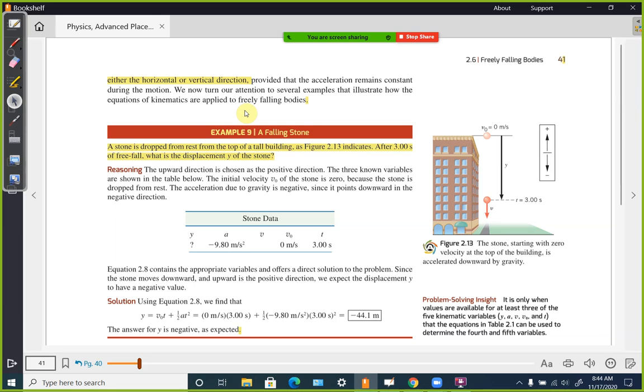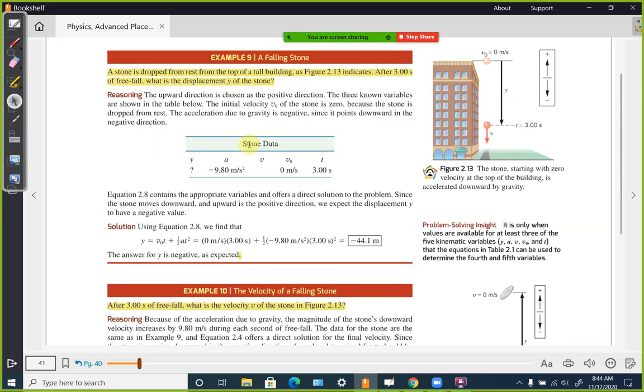Here in example 9, we start talking about it, and it says a stone is dropped from rest from the top of a tall building, as figure 2.13 indicates. After 3 seconds of free fall, what is the displacement y of the stone? As I've also mentioned previously, you always have to start thinking about things that they don't tell you in the problem, but that you will know.